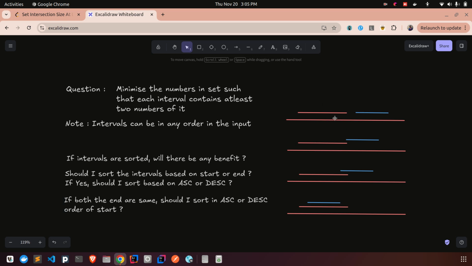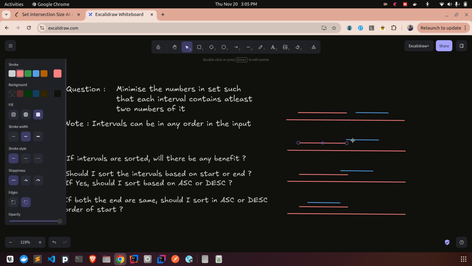If there's a partial overlapping, the end of the first interval is overlapping with the start of the second interval. So I can pick numbers from the first interval, the common edge, and one number from the second. In total we have to pick three.